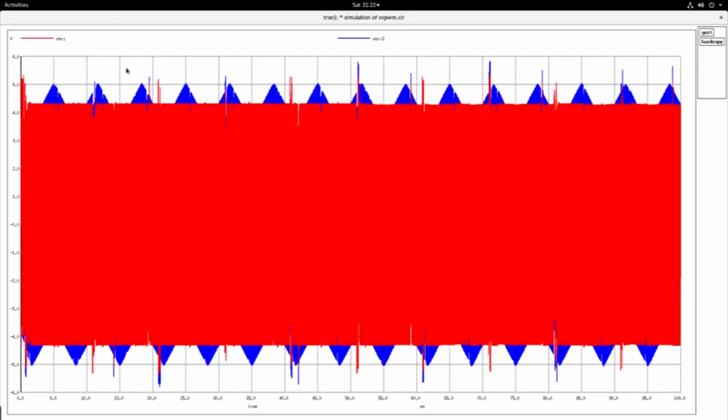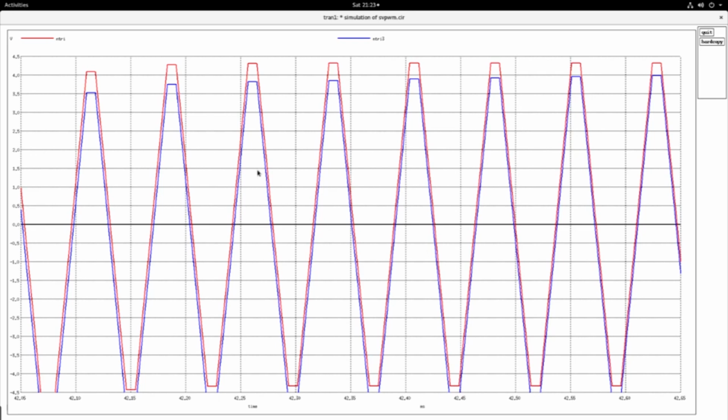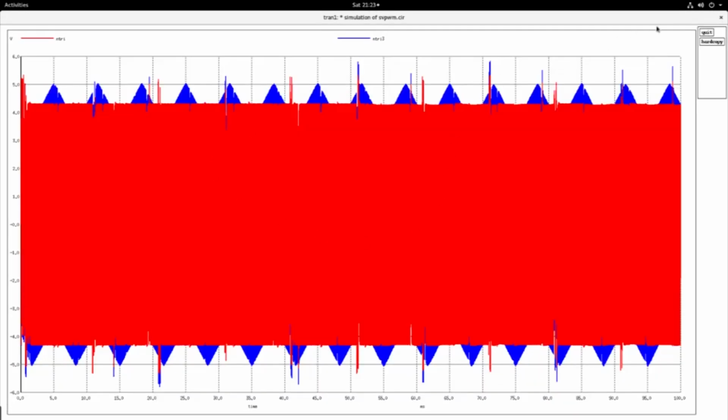So if I blow it up, you should see, let me take a very small portion because this is the carrier. So you see that one is the constant one, the red one is constant, that is our original triangle, and the blue one is gradually increasing, and that is the triplen compensated one. So let me quit that.